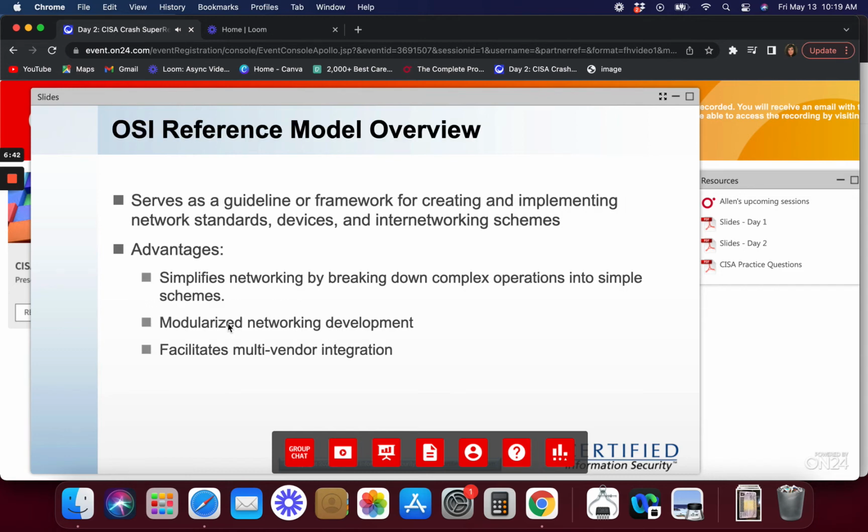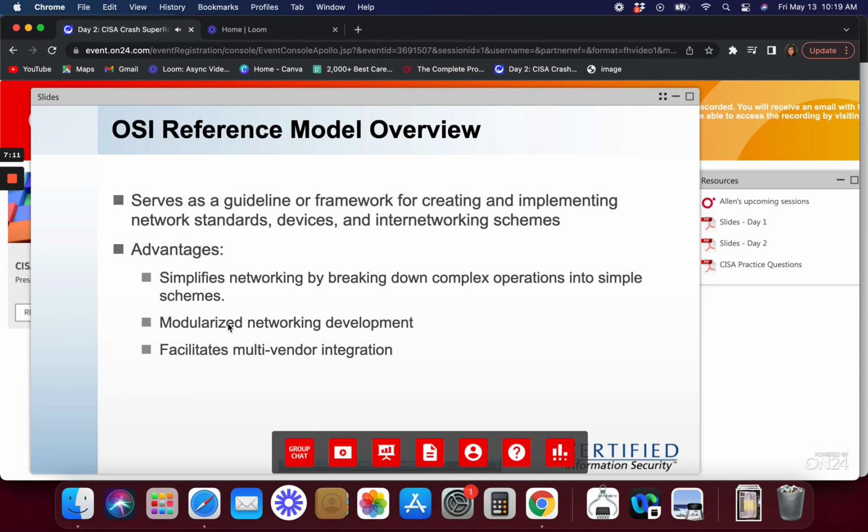OSI reference model overview. Oh my goodness, this harkens back to the first time I learned this, which was 1999, I think. The Open Systems Interconnect reference model overview was basically about understanding how to get information from an application and data processing level, a thought if you will, all the way down into the electronic signals that traverse a wire or wireless.